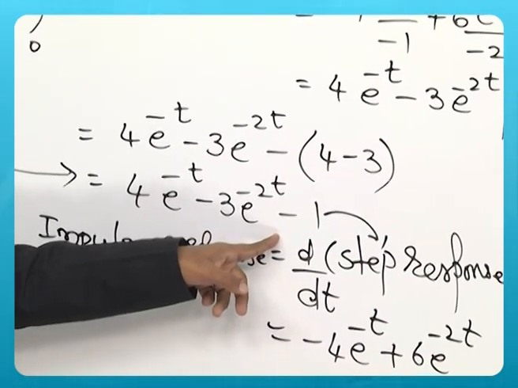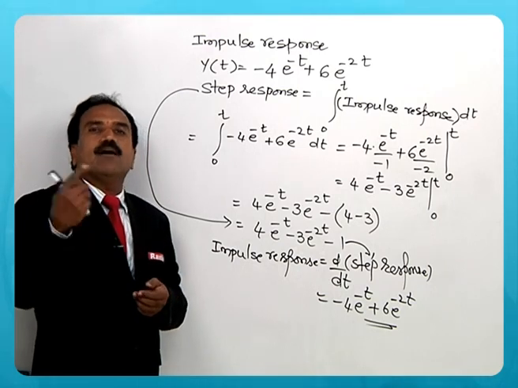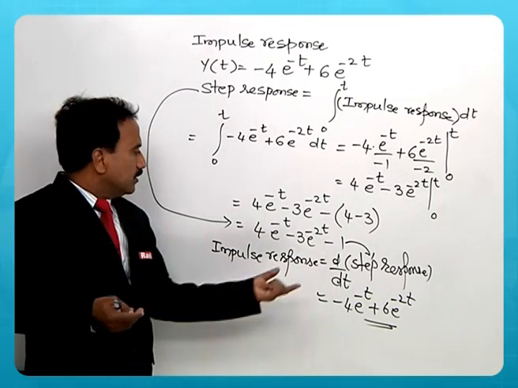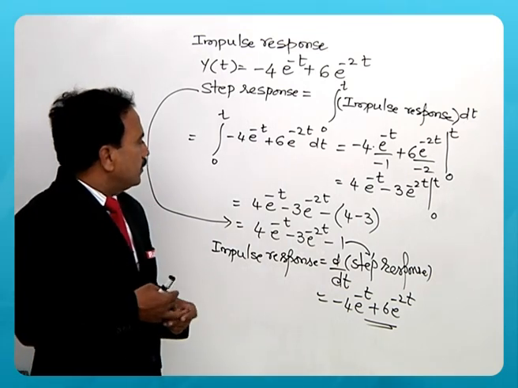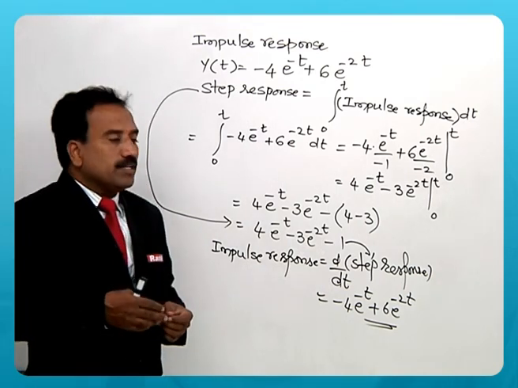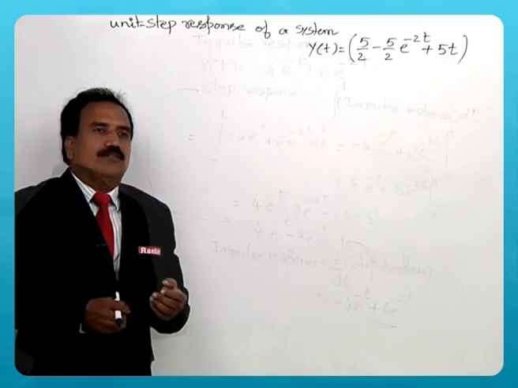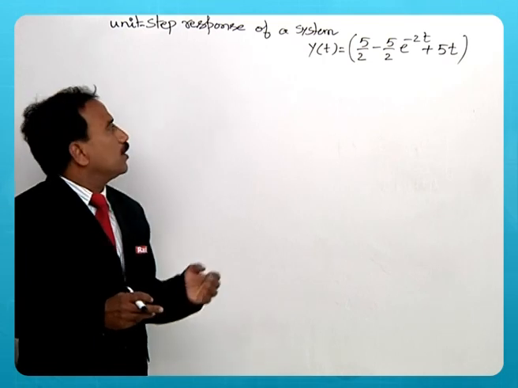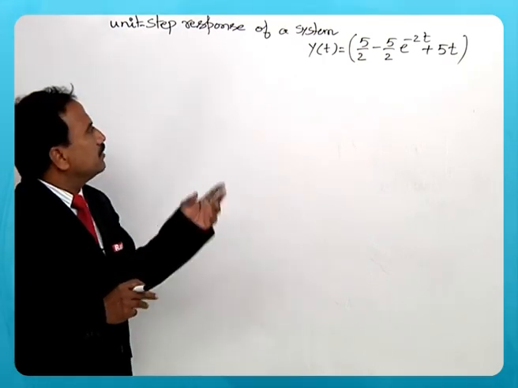If you want the response for a parabolic input, then you need to integrate the ramp response which you get after integrating this. So that is the way you should find out the response for various inputs if it is given for some other input. You may have another kind of problem here, where the unit step response is given.